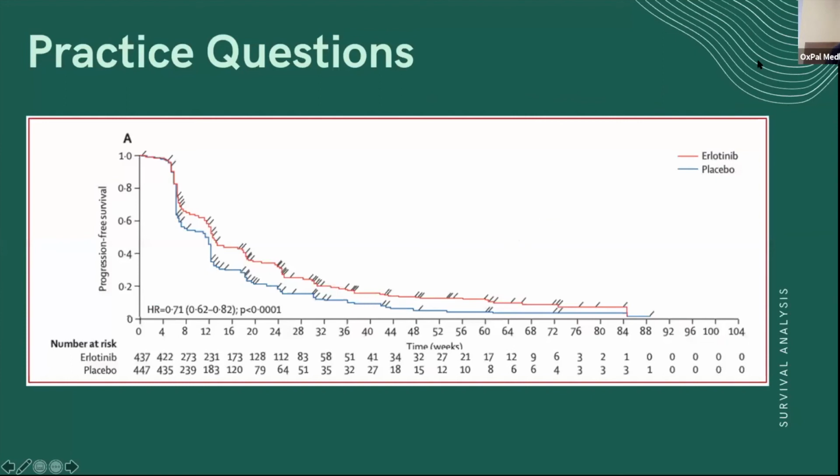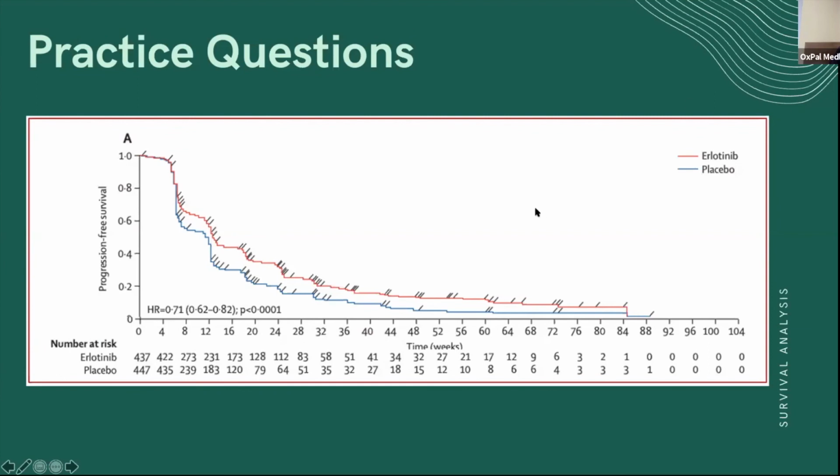Okay, this is in the quiz, but what I just want you to see is this Kaplan Meier curve. It shows the effect of, I think it's erlotinib, which is a tyrosine kinase inhibitor, on mortality among patients with lung cancer. The erlotinib group is the blue one in this case, and the placebo is the red one.